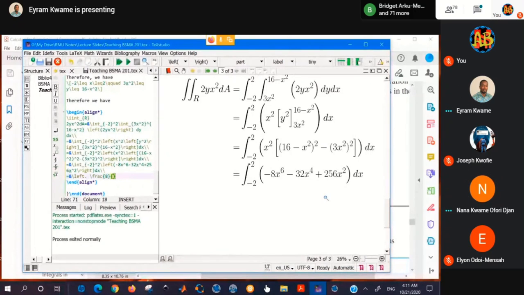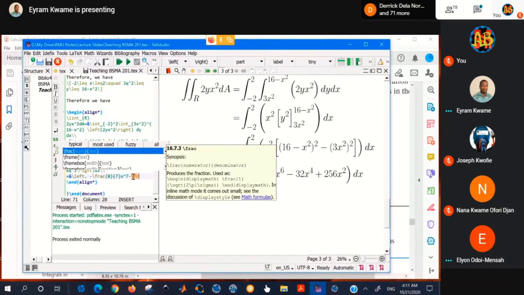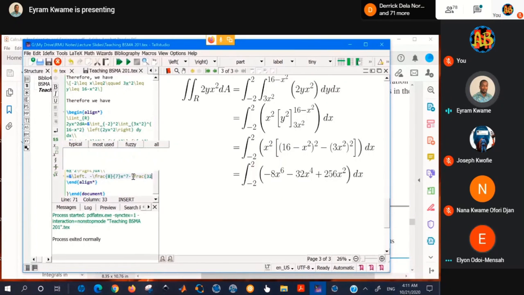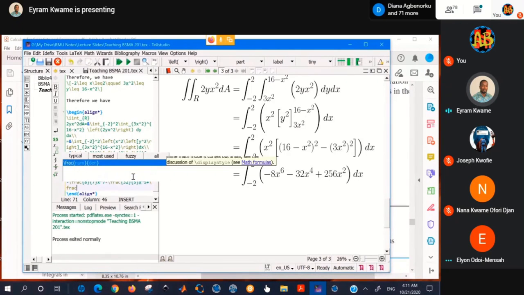8/7, right? x to the power 7. But there's a negative number that I need to keep there. So minus another fraction, 32, but this time over 5, then x raised to the power 5, plus another fraction, and this fraction is 256.